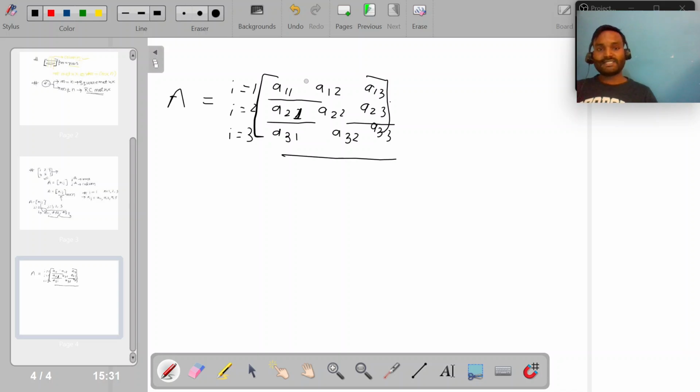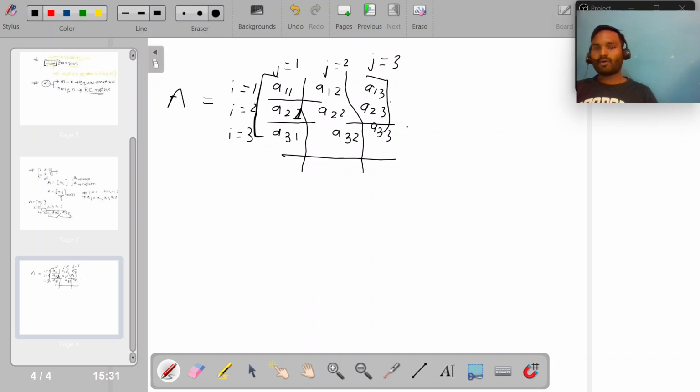This is the first column, the second column, and the third column. So j is equal to 1, j is equal to 2, j is equal to 3.